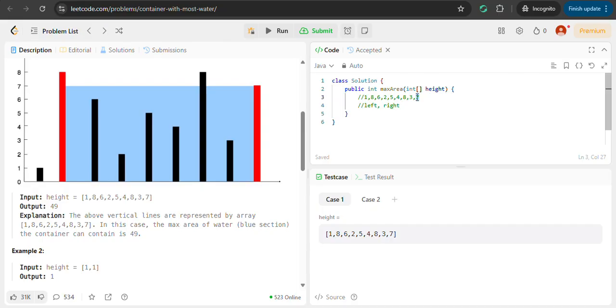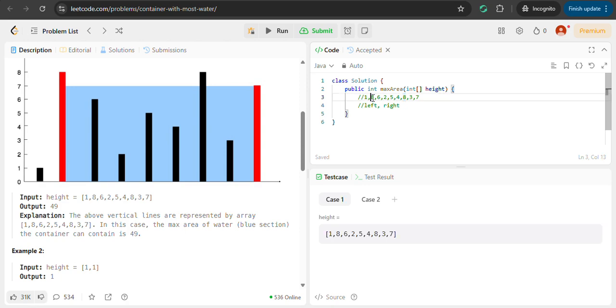Now, what is the minimum of 8 and 7? 7 is the minimum, so the right pointer will move forward. The right will come here to 3. 3 into 6 is 18. Then it will move to 8. So right will come to 8, and you have 8 at the left and 8 at the right pointer.